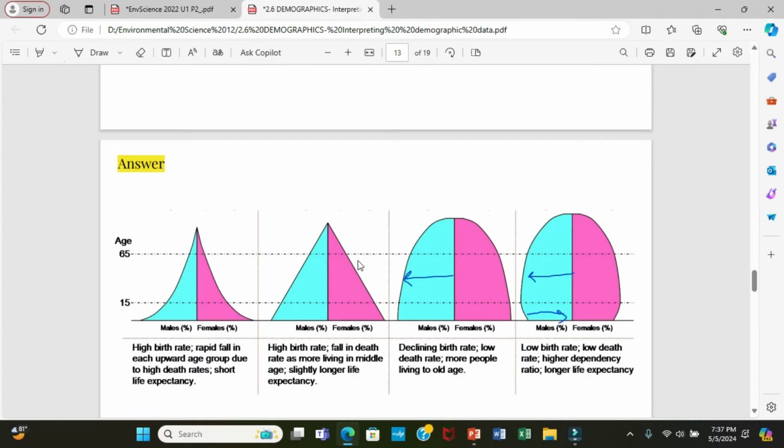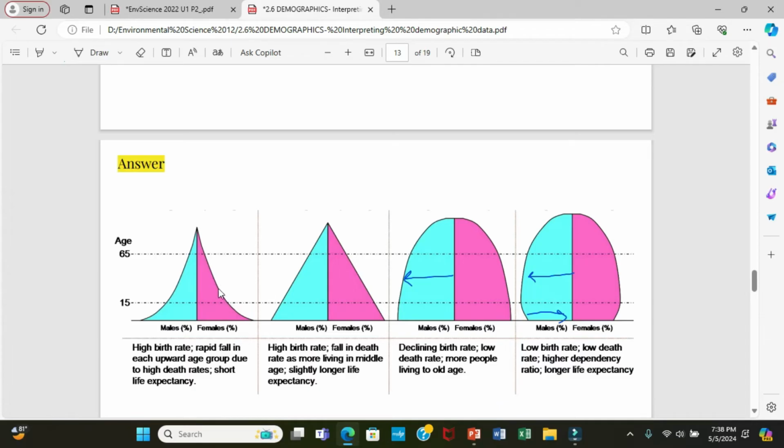All right, so again, this one would be the answer for what we looked at, right? It's a pretty much higher birth rate than the current population, but the death rate is not so fast. But this one is showing that death rate is very fast, because it's getting very low at the top here, compared to the population here.